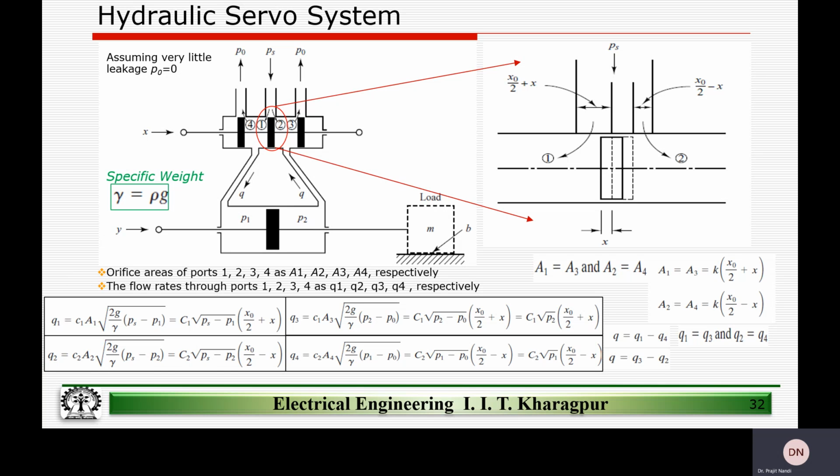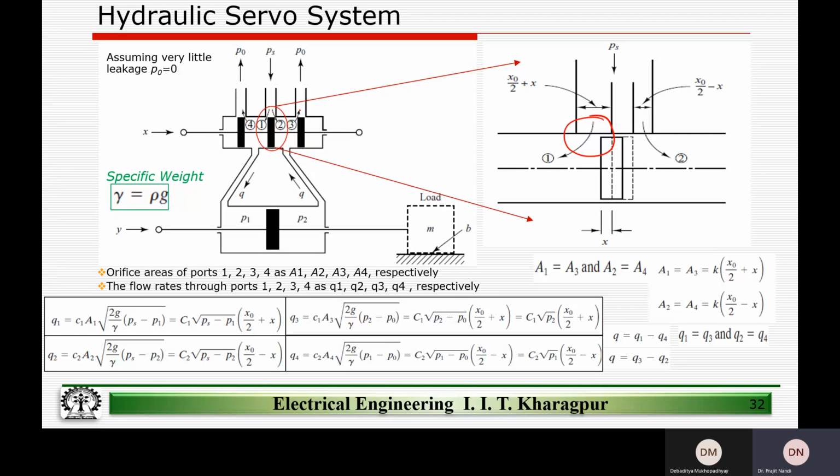So if we look at the symmetry of the structure, the fact that we have moved the piston X from the left hand side to the right hand side, look at the port area created on port 1 and the port area created on port 3.